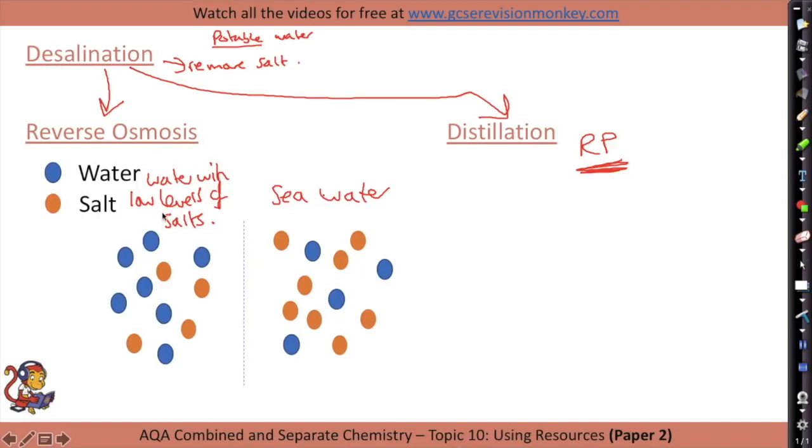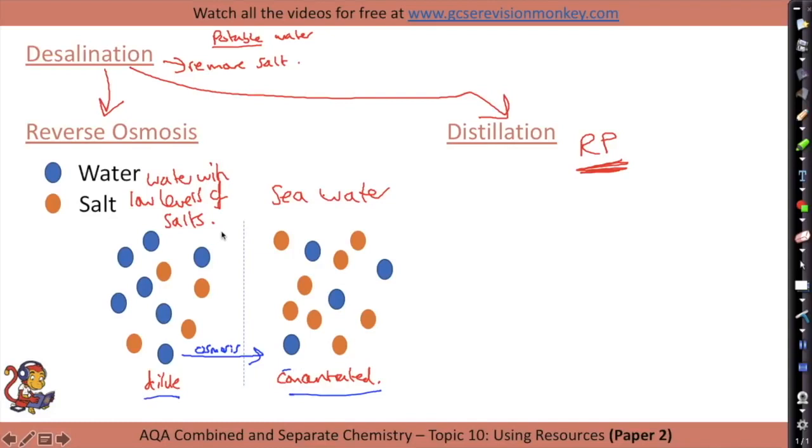Normally, with osmosis, thinking back to biology, osmosis is the movement of water from a more dilute solution, where there's more water, to a more concentrated solution where there's less water. So normal osmosis in this case would normally see the movement of the water, which is the blue circles, to the right hand side. That would be normal osmosis, because here there are more water particles, here there are fewer, so it would be moving from a dilute to a concentrated solution.